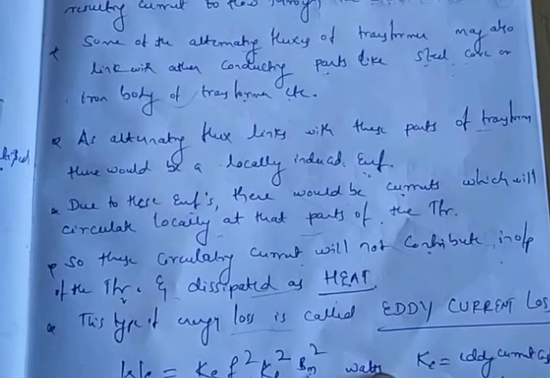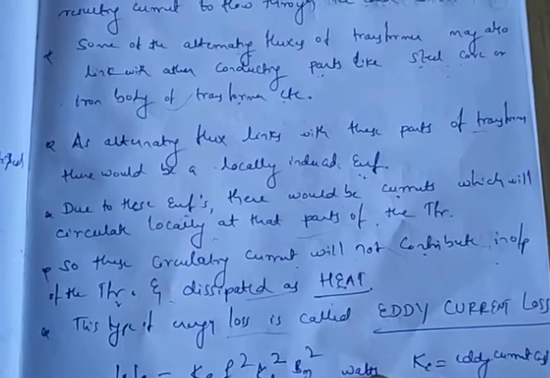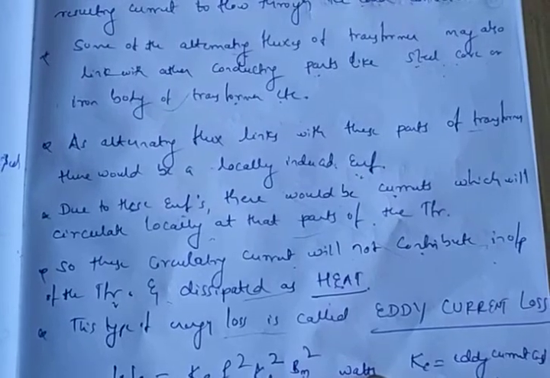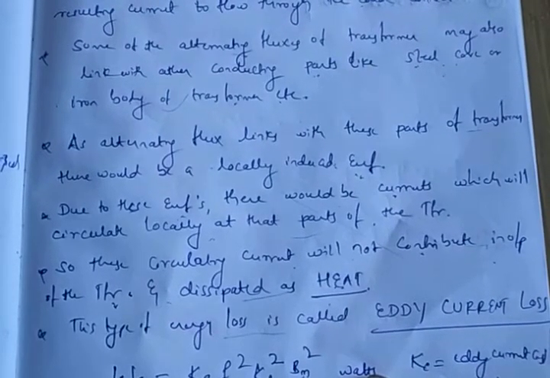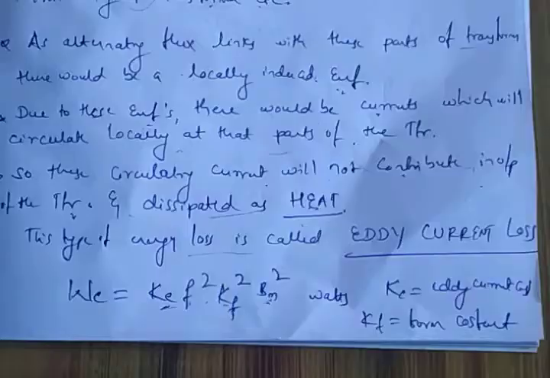So the eddy current losses are the losses due to large amounts of current in laminations of electrical machines. These large currents in the laminations produce flux which has no functionality.